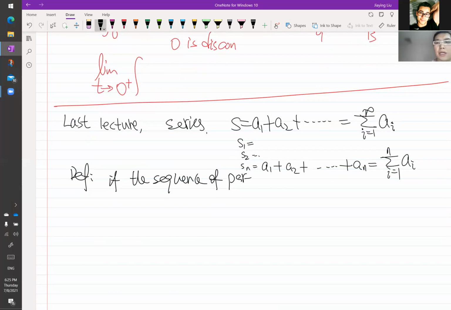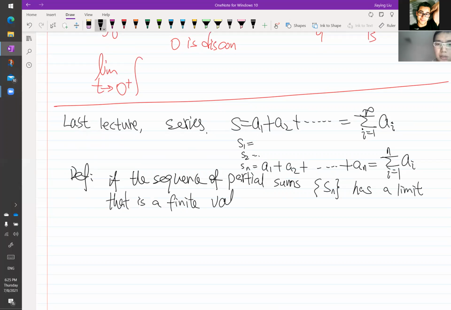If the sequence of partial sums, which we write as the Sn sequence, has a limit that's a finite value, then the series that we're looking for, the sum from i going from 1 to infinity of ai, is convergent.